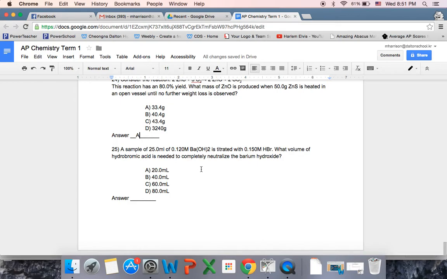Final question. A sample of 25 milliliters of 0.12 molar barium hydroxide is titrated with 0.15 molar hydrogen bromide. What volume of hydrobromic acid is needed to completely neutralize the barium hydroxide?